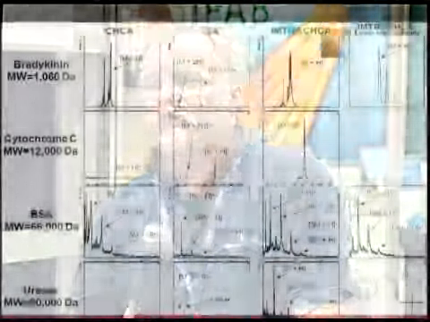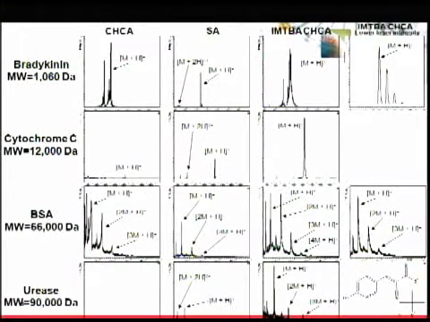This is work looking at solid MALDI matrices versus the work that Dan Armstrong's group has done with the various ionic liquid phases. What we're doing here is looking at a broad range of different proteins, from 1,000 Daltons for bradykinin up to urease.